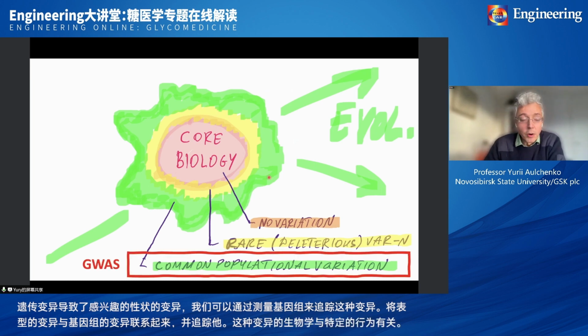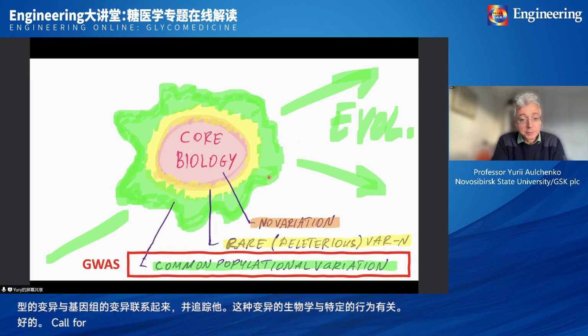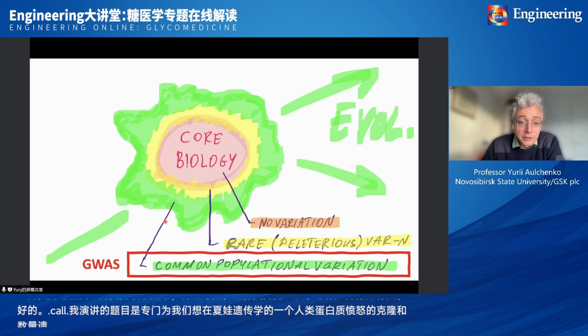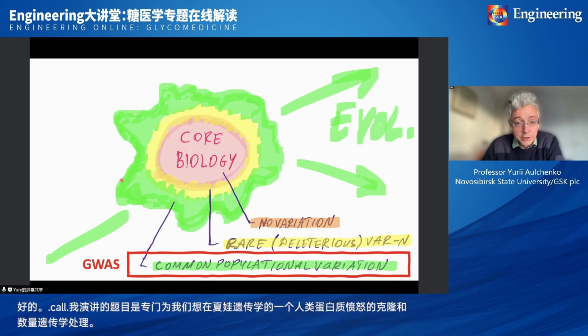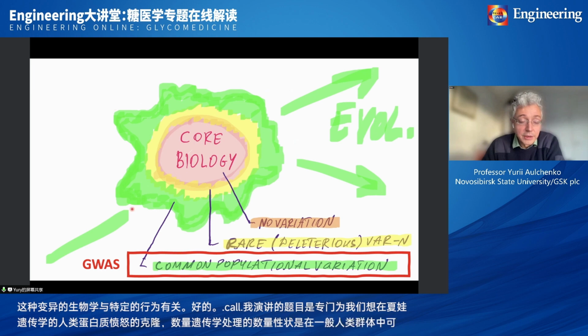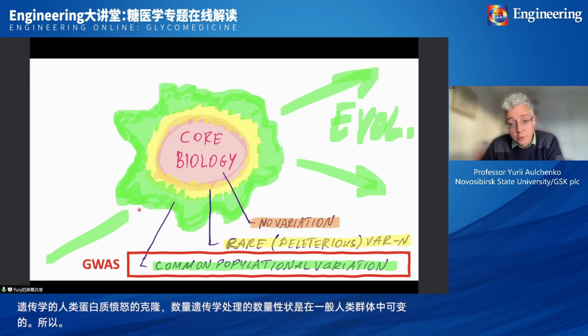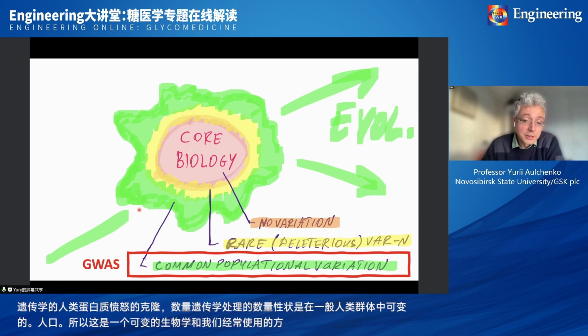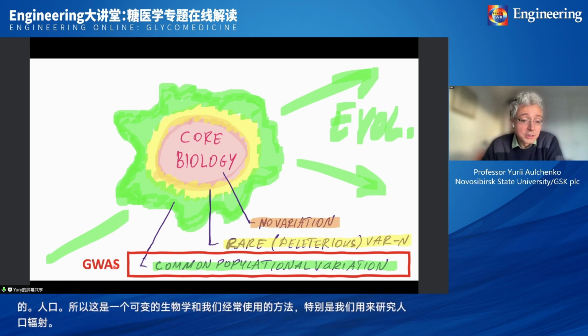Okay, so the title of my talk is specifically quantitative genetics of human protein N-glycosylation. And quantitative genetics deals with the quantitative traits which are variable in the general human population. So this is this variable biology. And the approach we use a lot, and specifically which we use to study the population variation in protein N-glycosylation, is the genome-wide association study.